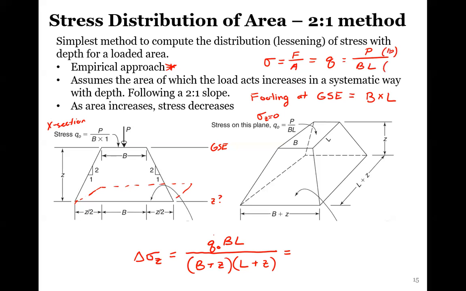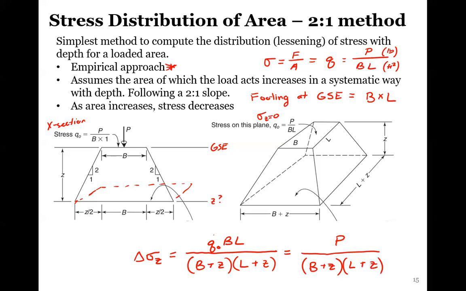And B times L would be feet squared. So this equation is actually equal to P divided by B plus Z times L plus Z.